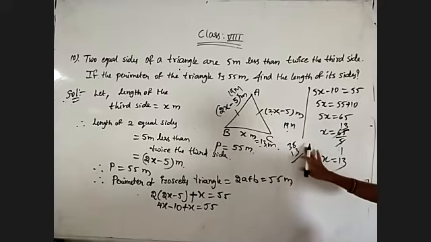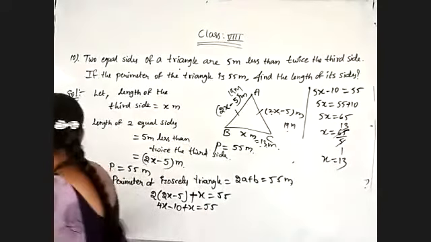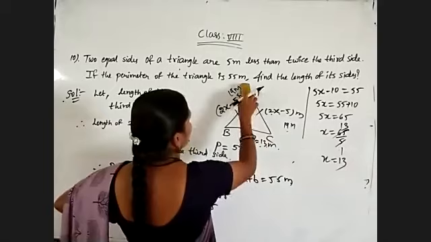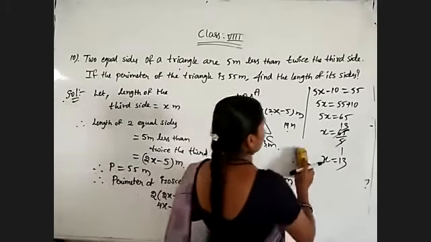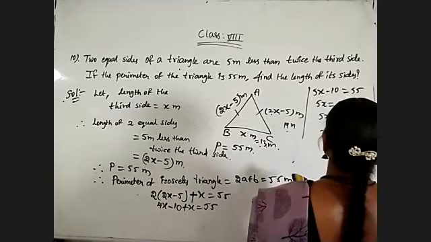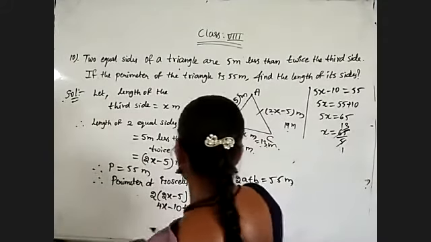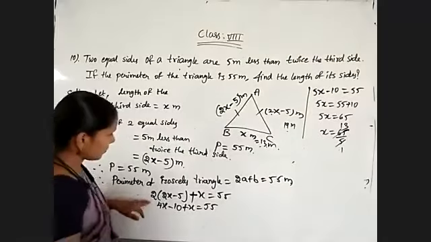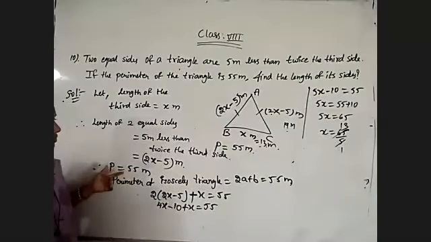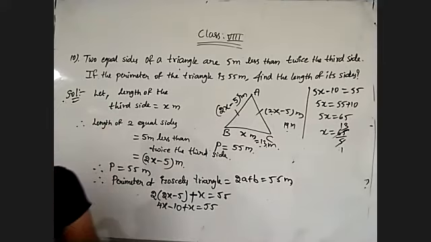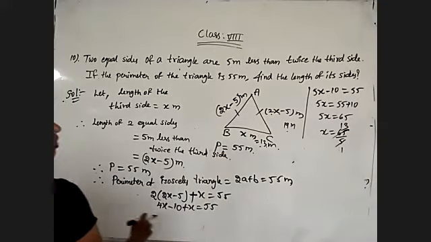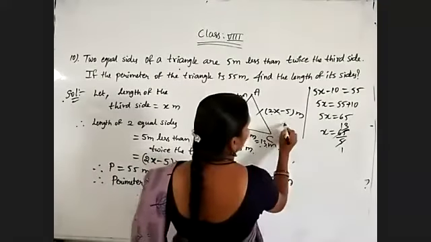2x minus 5. Okay, observe the question. 26 minus 5 is nothing but 21 meters.